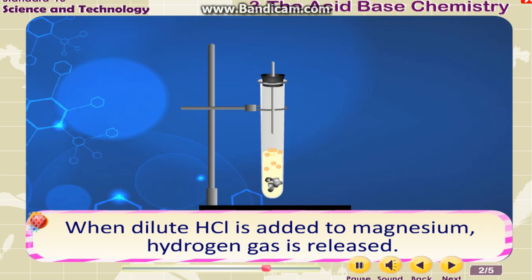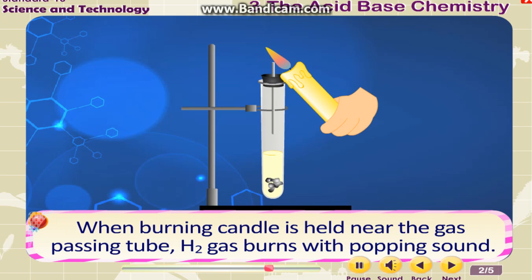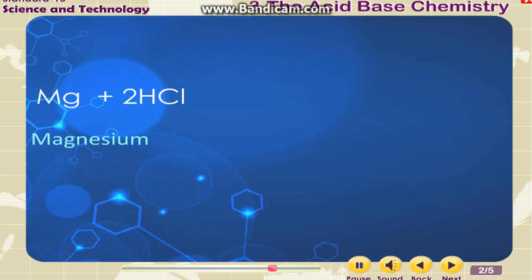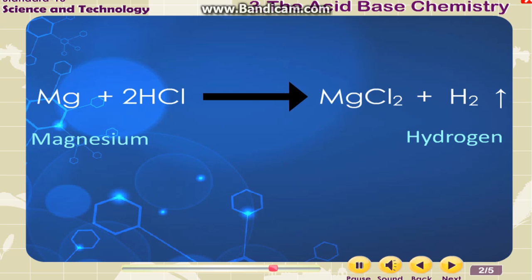Observation: when dilute HCl is added to magnesium, hydrogen gas is released. When burning candle is held near the gas passing tube, H2 gas burns with popping sound. Mg plus 2HCl gives MgCl2 plus H2 gas is released.